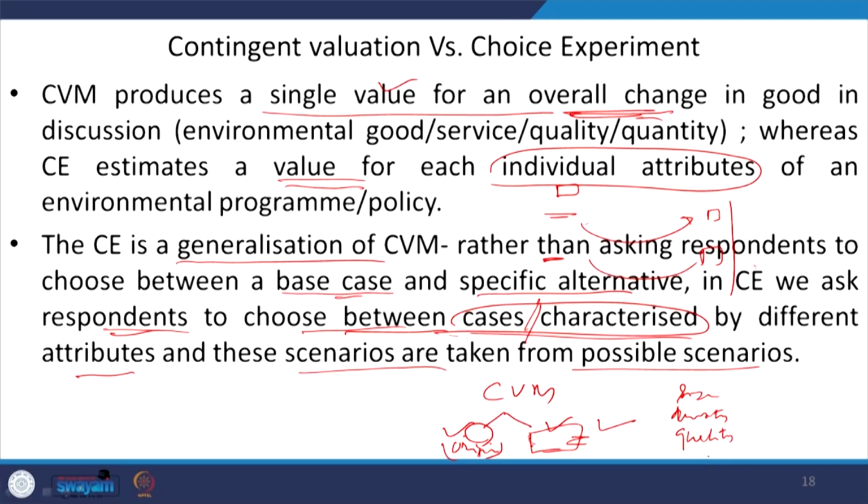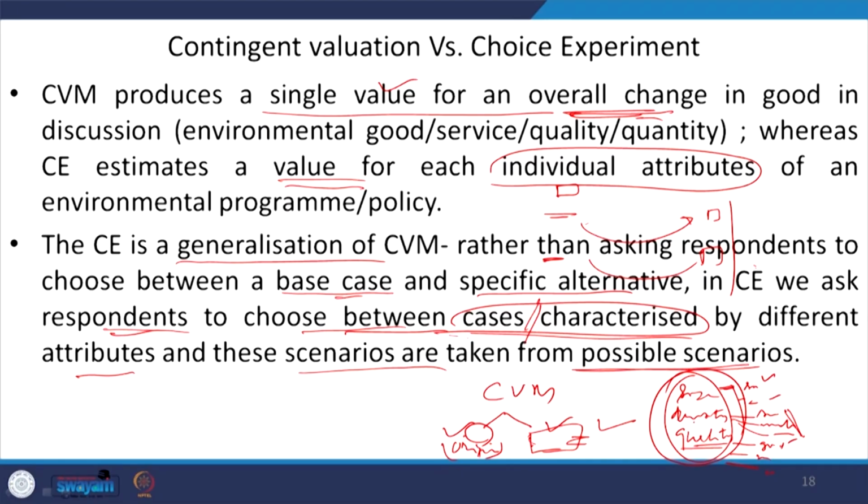Then the levels: whether the size is small, medium or large; whether density is scarcely, moderately or frequently available; and whether the quality is good, moderate or bad. After identifying and labeling all these attributes, we will have a set of choices.